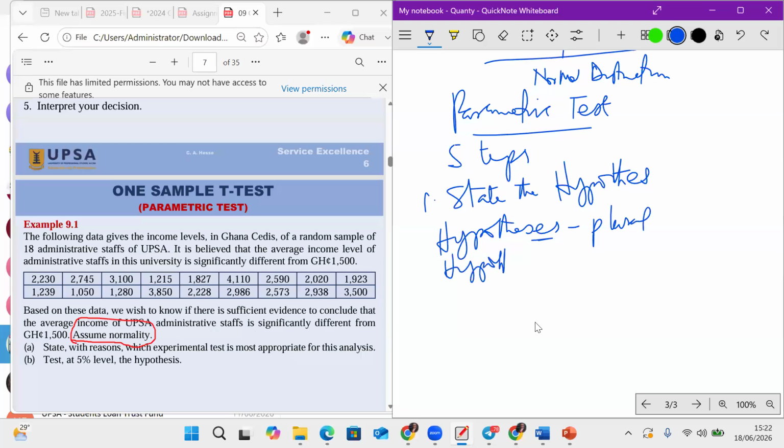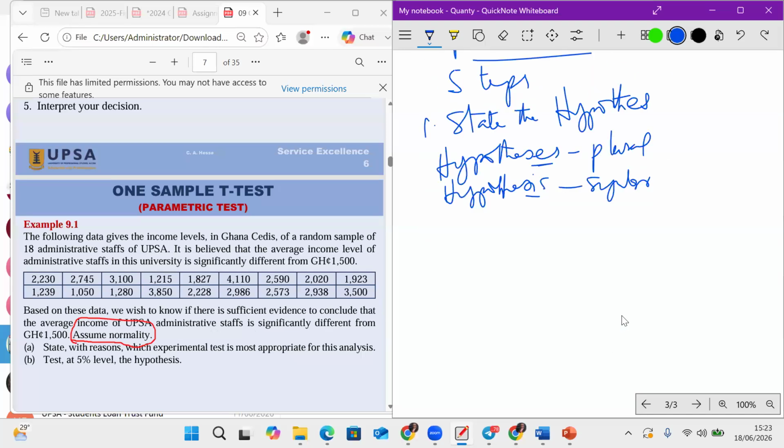Hypothesis with an I is singular. So when you are stating the hypothesis, we'll be working with the H null, or H naught. It is called the null hypothesis. Here it is an I because it's singular.